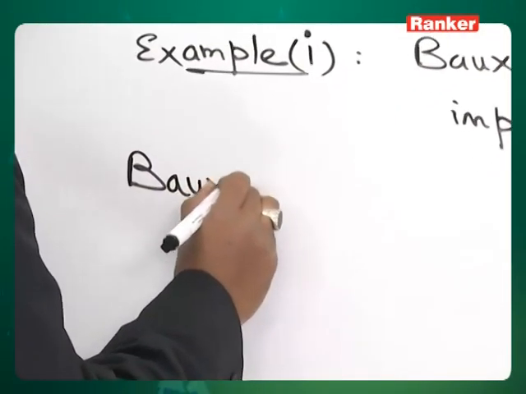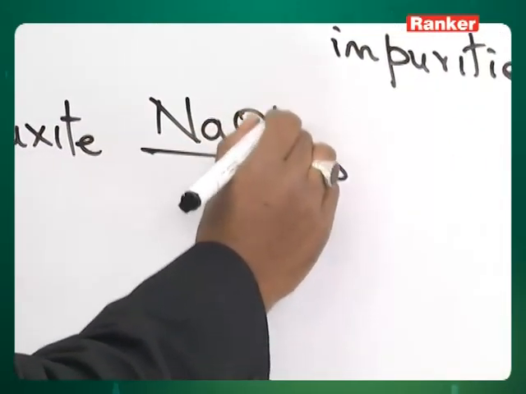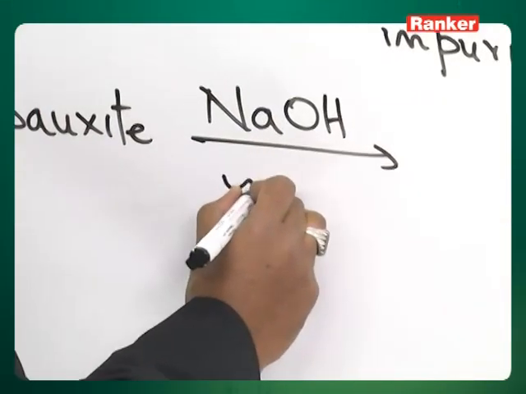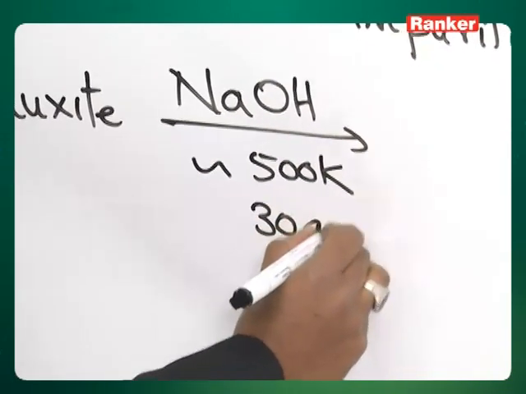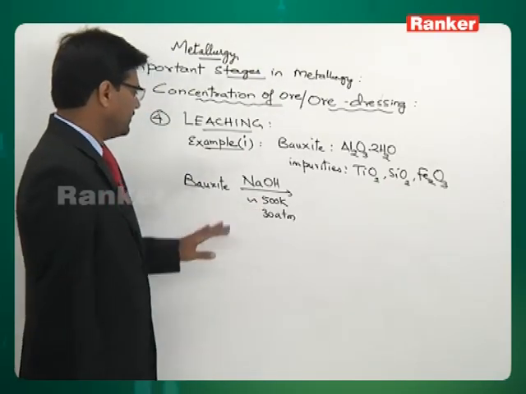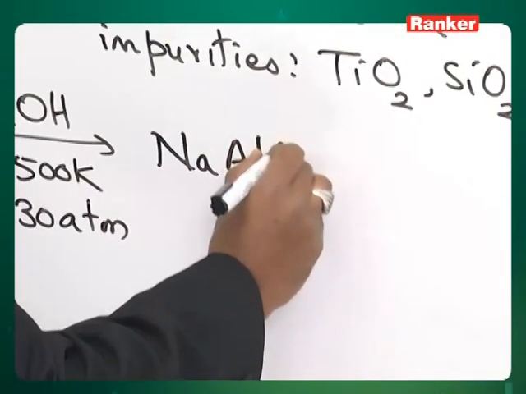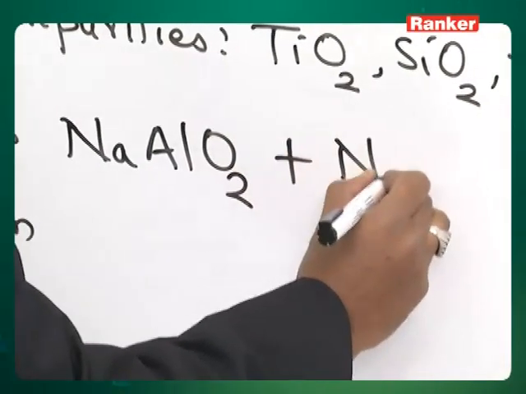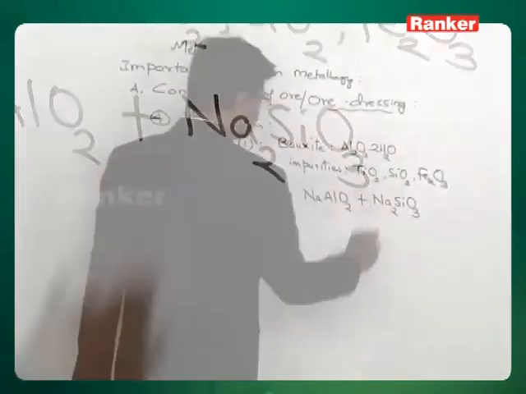Bauxite ore is treated with sodium hydroxide solution at about 500 Kelvin, about 30 atmosphere pressure, high pressure and high temperature. Then all the Al2O3 will dissolve as NaAlO2 and SiO2 also will dissolve as Na2SiO3.